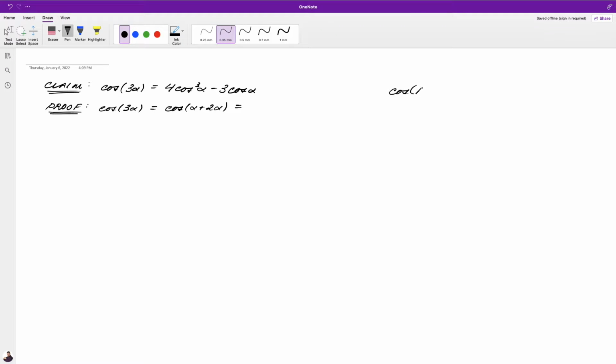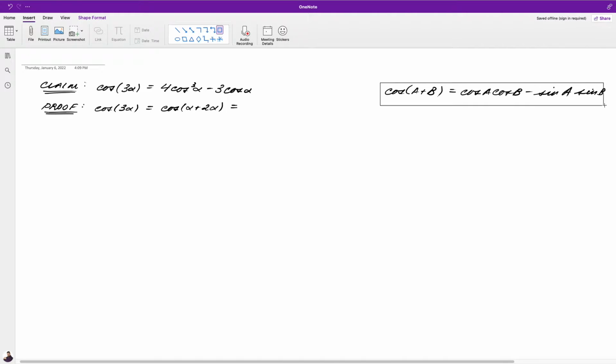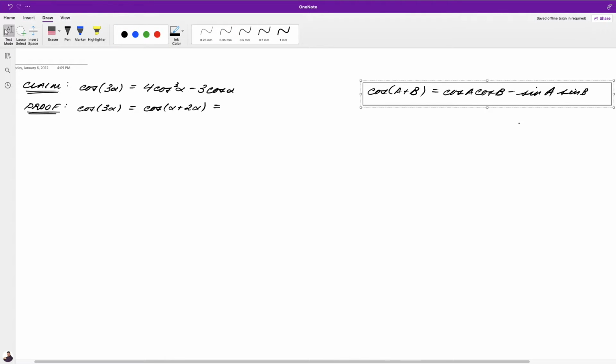I will go ahead and provide it right here. Cosine of A plus B is equal to cosine A cosine B minus sine A sine B. Again, this has been proven in a previous video if you so desire to see that.